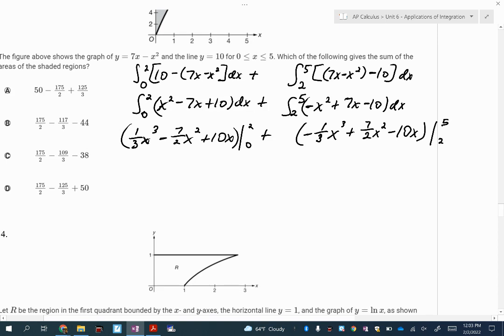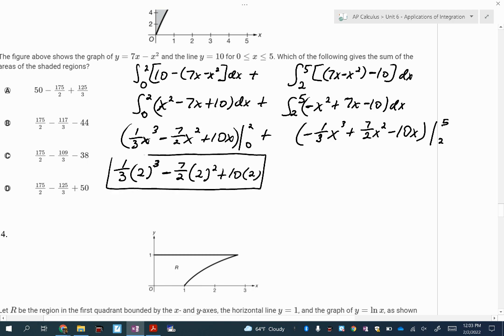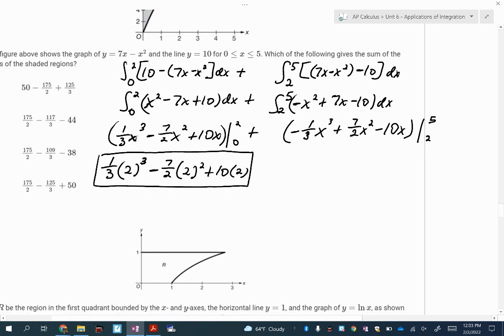All right. So at this point, if you want to go to Desmos to type it all in, that's fine. I'm going to probably end up doing that anyway, but I'll show you all the plugging in steps. So 1/3 times 2 cubed minus 7/2 times 2 squared plus 10 times 2. I always think of that as one piece because I don't have to plug in 0.